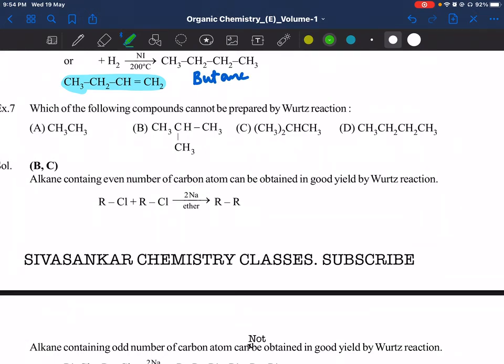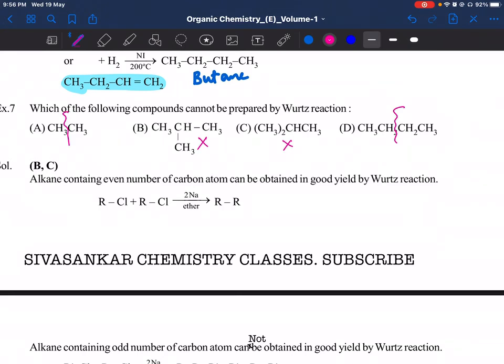Which cannot be prepared means odd number, unsymmetrical alkanes. An unsymmetrical alkane we cannot cut into two equal parts, but the symmetrical ones we can cut into two equal parts.